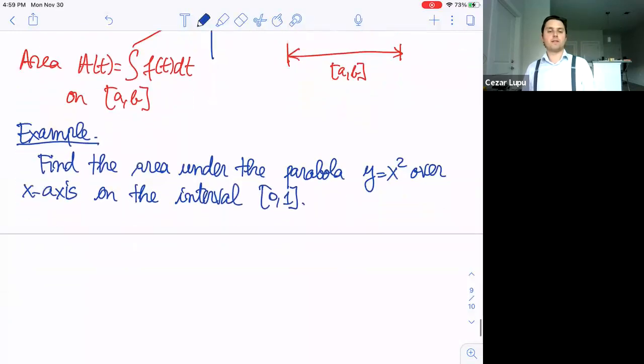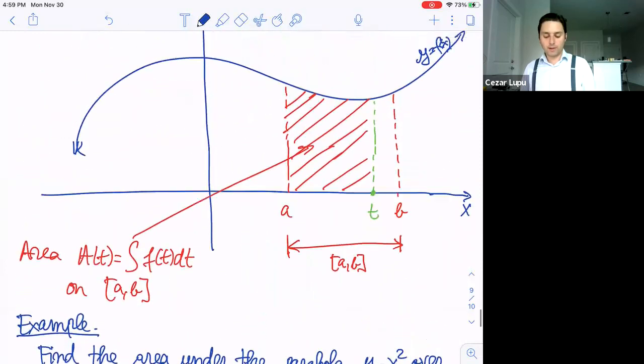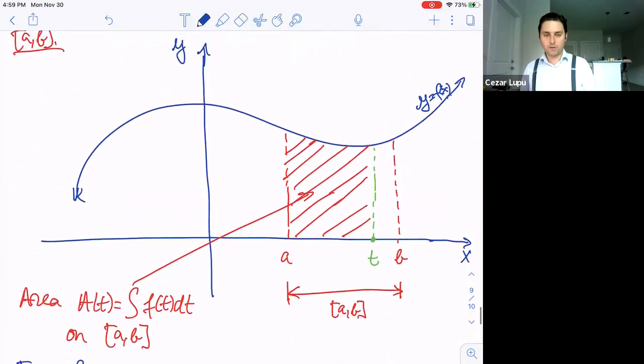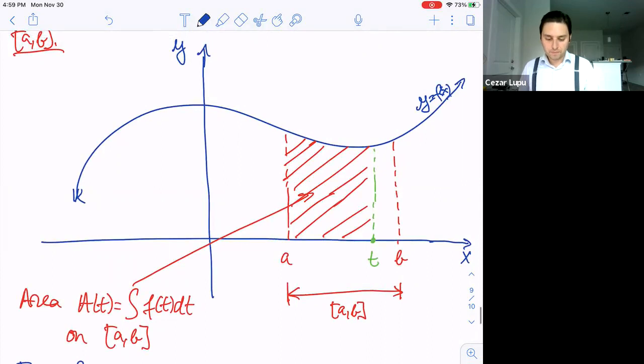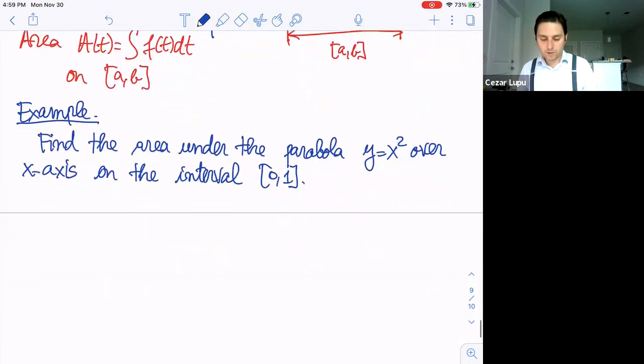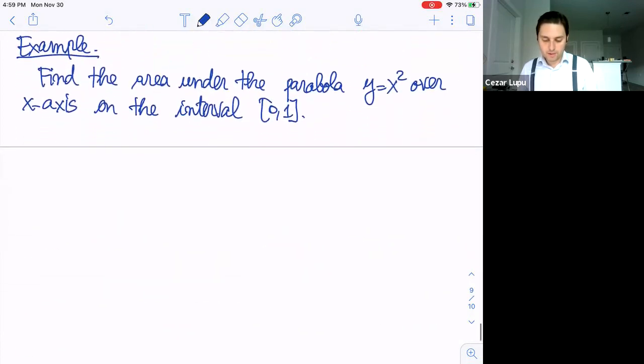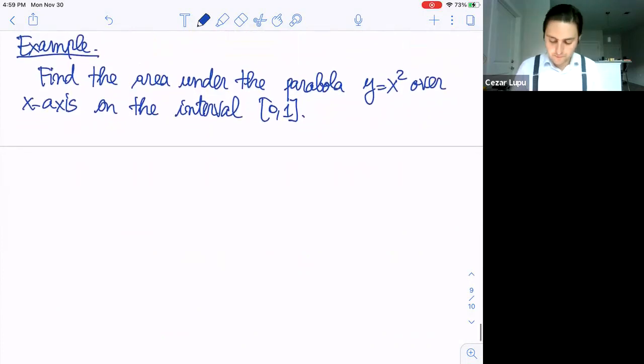Okay, so let's see this example. I would like you to keep in mind this picture, right? So now let's just draw the picture so that you can see.